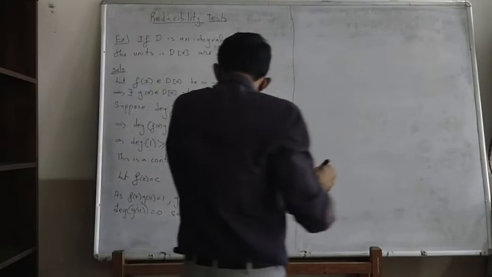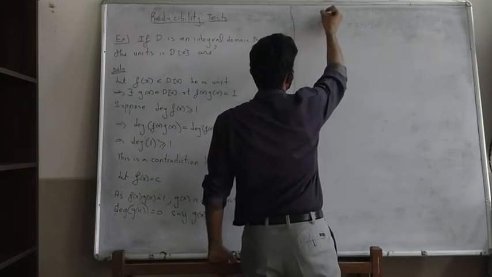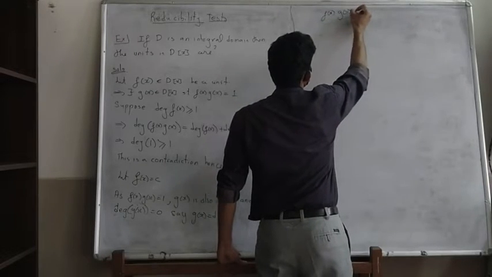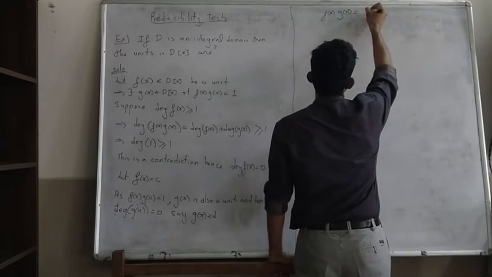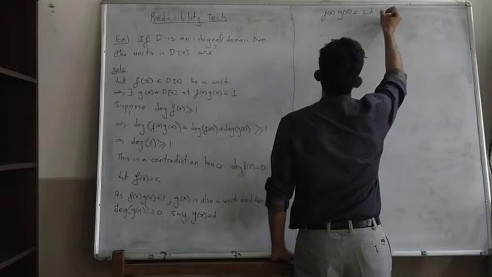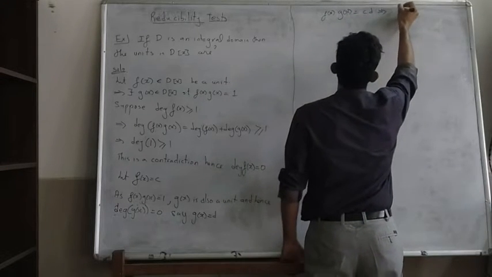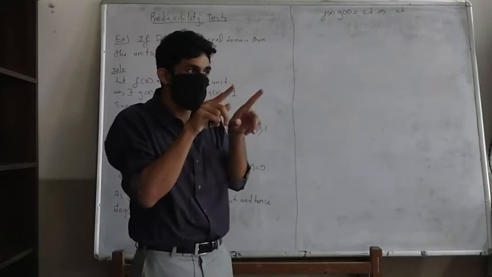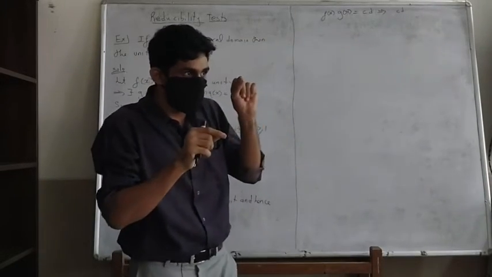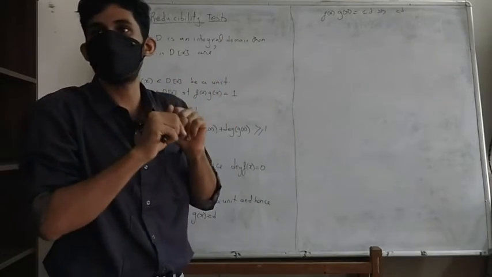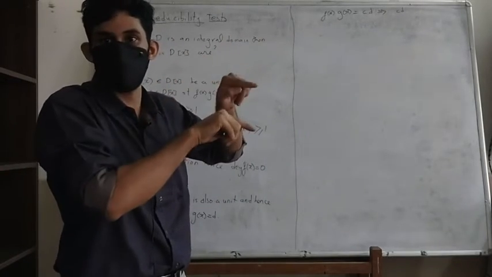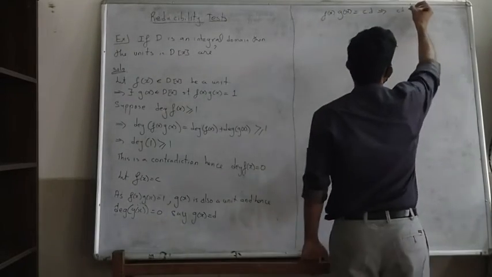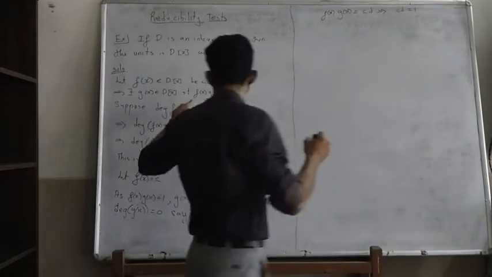Okay, so therefore what happens is f(x) times g(x), which is CD, right? Because when you multiply two constant polynomials, the only non-zero term left is the constant, that's C times D. So this will tell us that CD is 1 because f times g is 1.